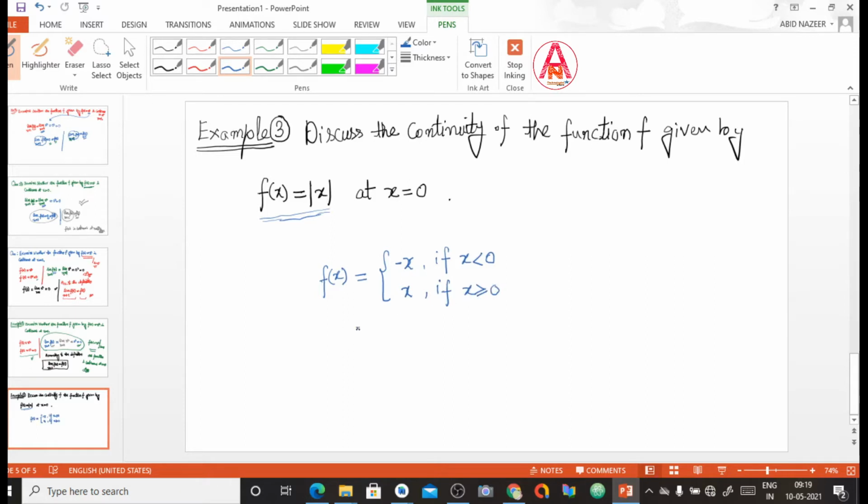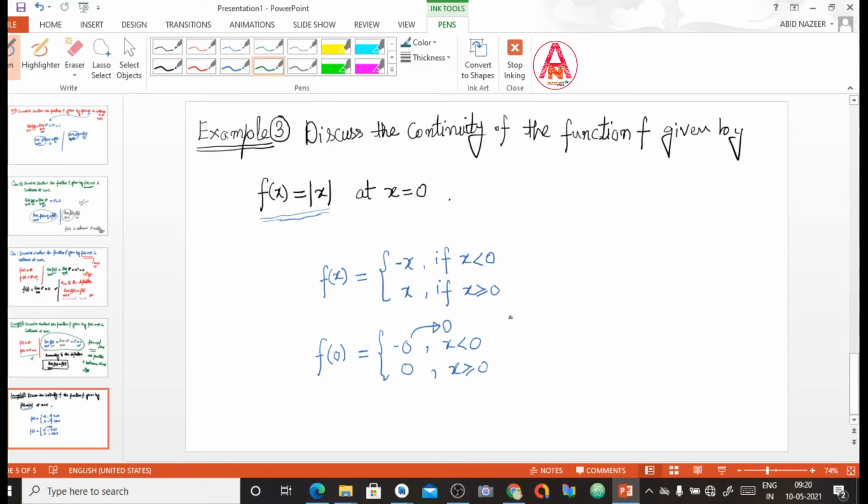Then first of all we are going to find out f of 0 for this function. When we put 0 in the function, f of 0 is equal to 0.